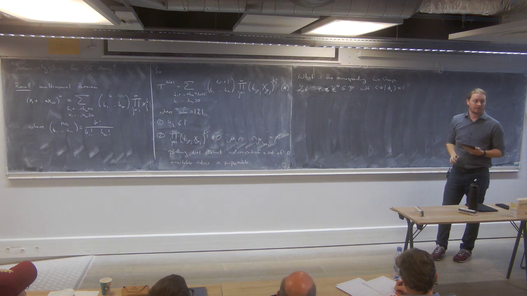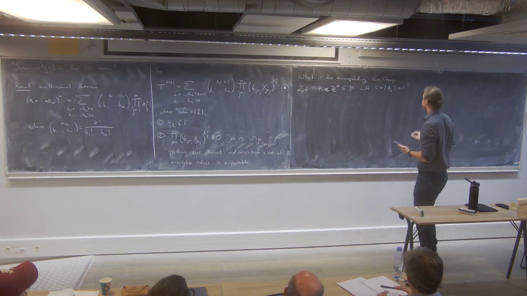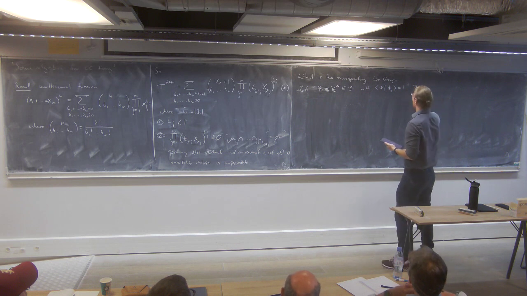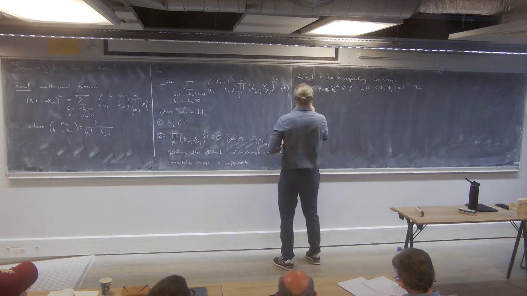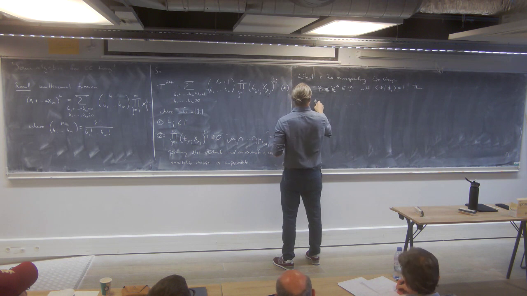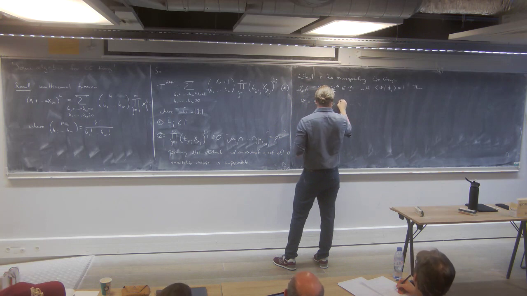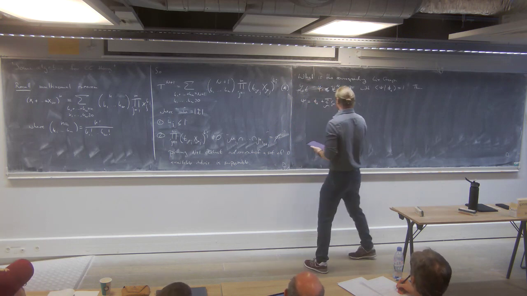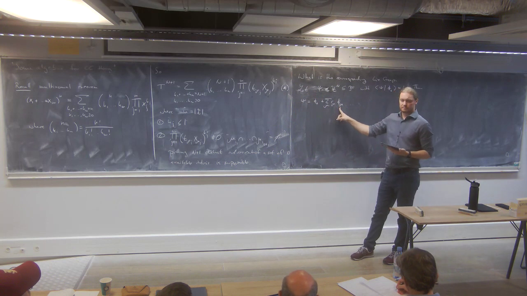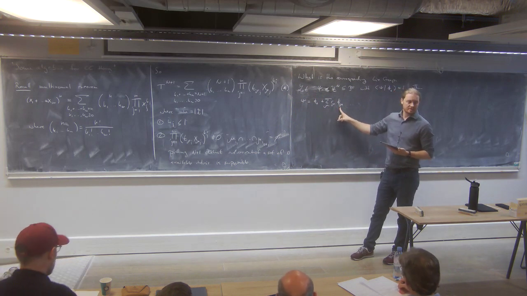So it's intermediately normalized with respect to our reference. Then we can write psi equal to phi 0 plus some linear combination of excited Slater determinants.